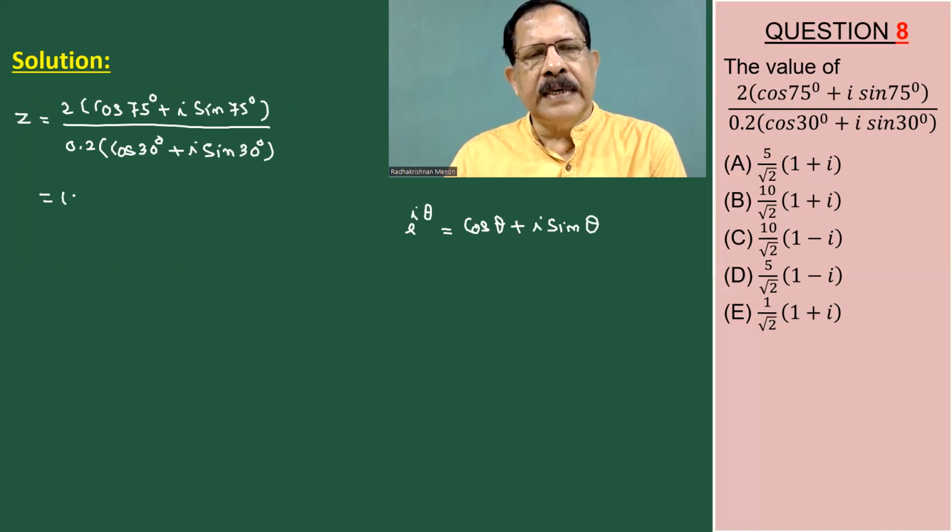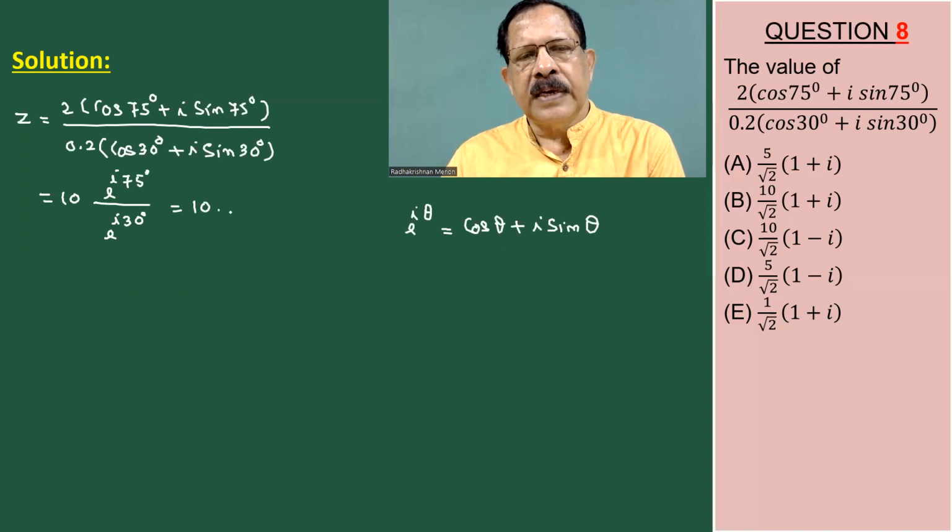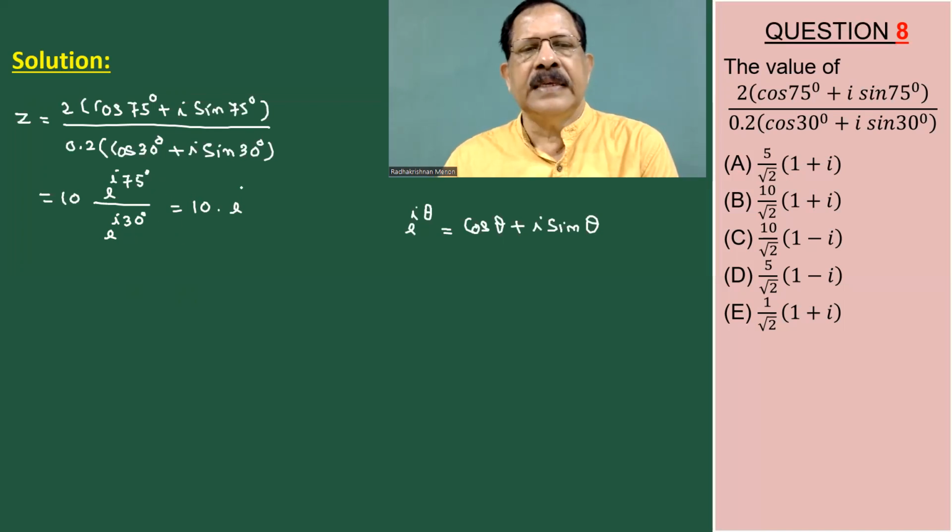2 by 0.2 is 10, into numerator e raised to i 75 degree, denominator e raised to i 30 degree. We simplify this: 10 into e raised to i 75 degree, and e raised to i 30 degree I am bringing to the numerator, so it will be e raised to minus i 30 degree.